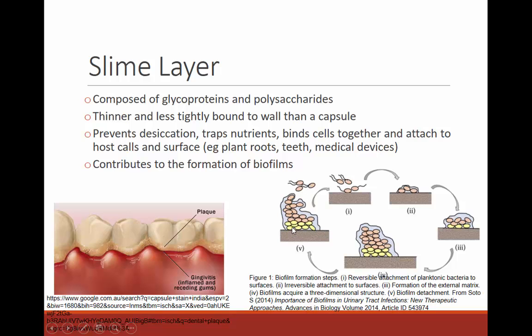Okay, to be able to produce another slime layer. And this can be quite problematic because with biofilm formation, it's not only on your teeth. It might be in a urinary catheter, a bladder catheter.